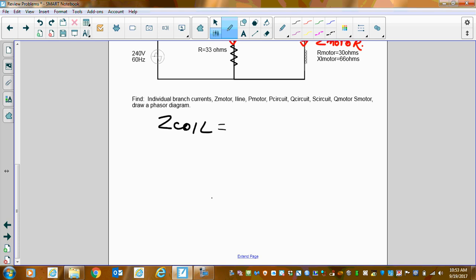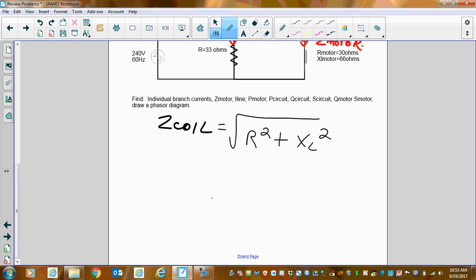We know R motor as well. So at this point you can do a triangle if you want. You guys are 4th grade, you've done probably 100 triangles by now over the last few years. Or you could just say Z coil is going to be the square root of what? R squared plus XL squared. We could just use Pythagorean theorem, right?